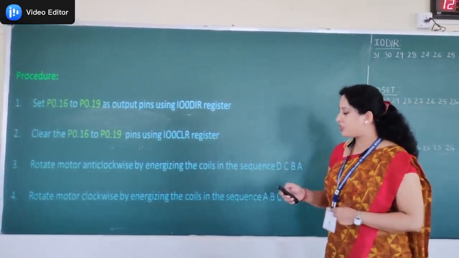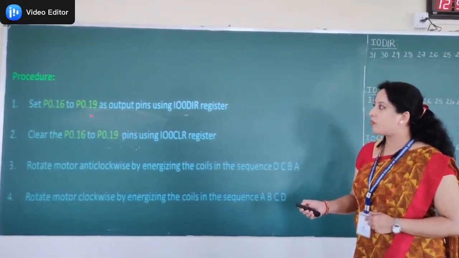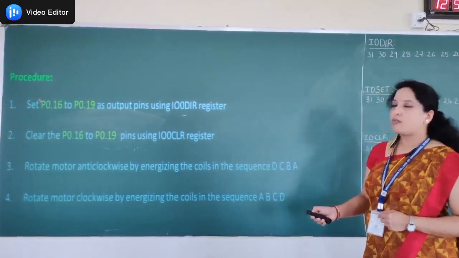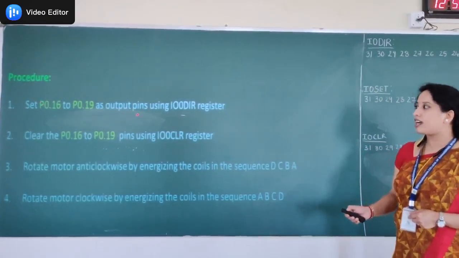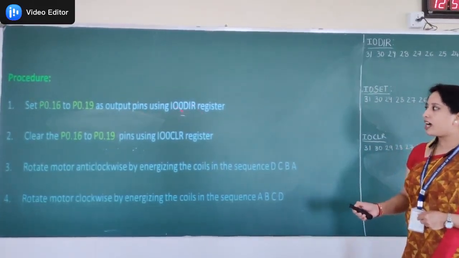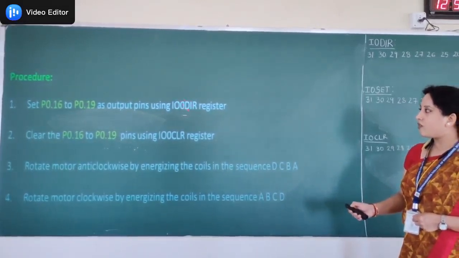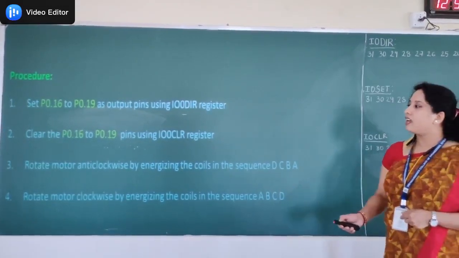First you need to set pins 16 to 19 as output pins, because these pins will be controlling those four coils. You set these pins as output by using the IO0DIR register. Here we are using IO0 because it is port 0.